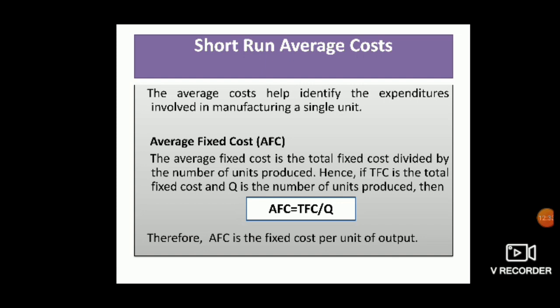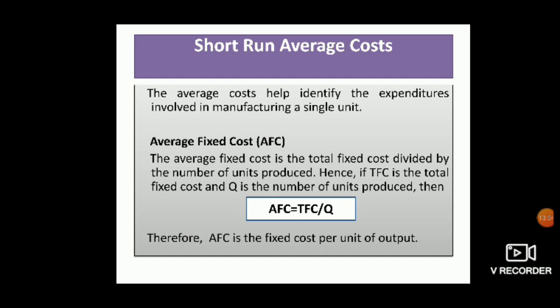Then we can better understand what the AC is. So I am going to explain AFC, average fixed cost. Average fixed cost is the total fixed cost divided by the number of units of output produced.